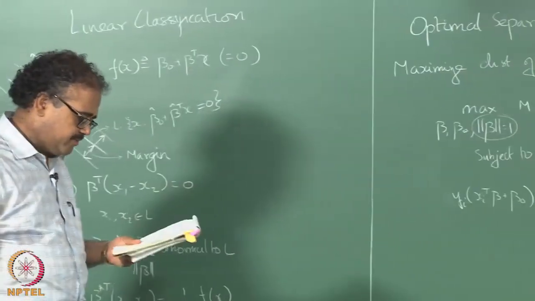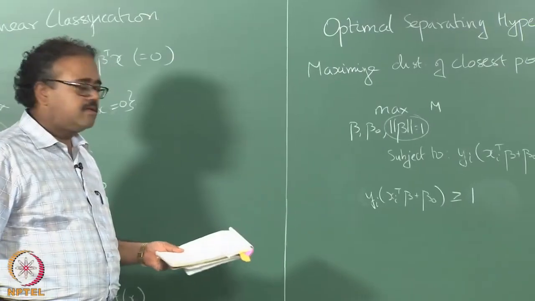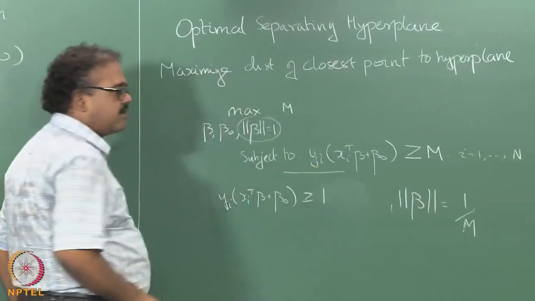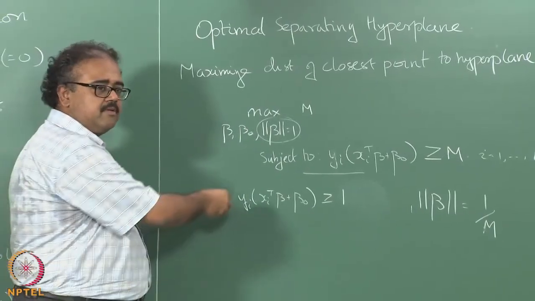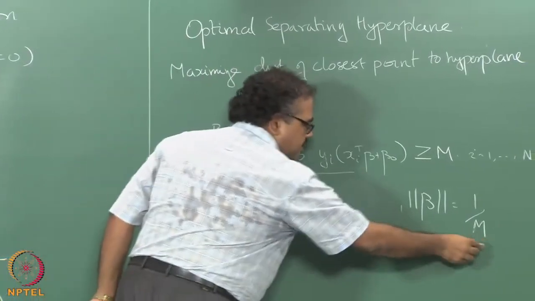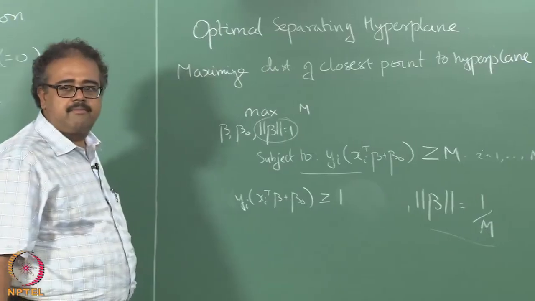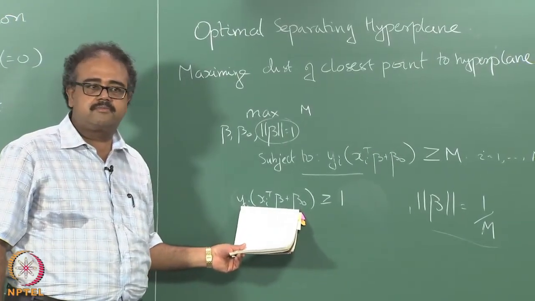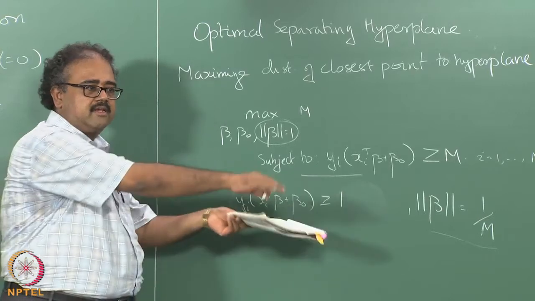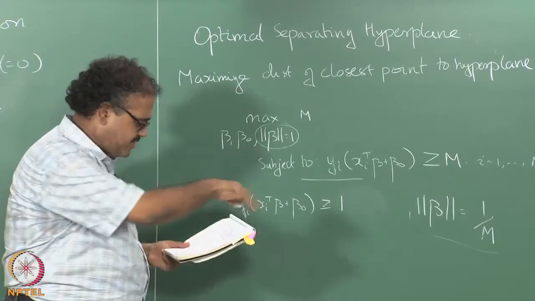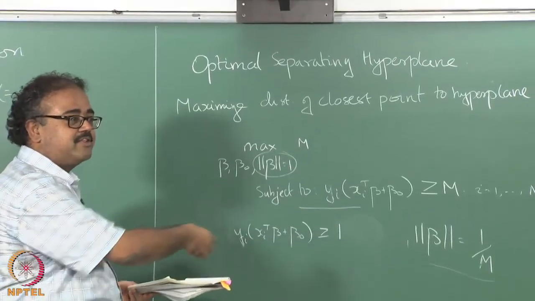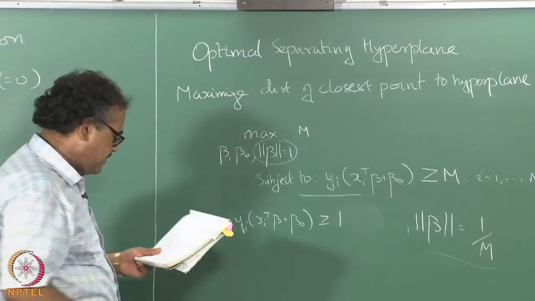Okay. So people with me so far? Right. So kind of I started with that optimization problem, made the assumption that well norm beta is 1 by m, right, and I came up with this problem, right. So I have done nothing, just little algebraic manipulations. In fact it's geometric as well, I am just not drawing the geometry here, right.